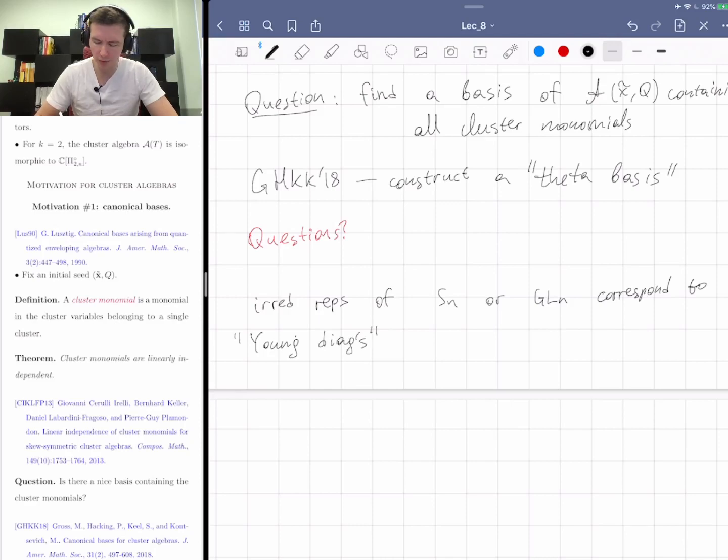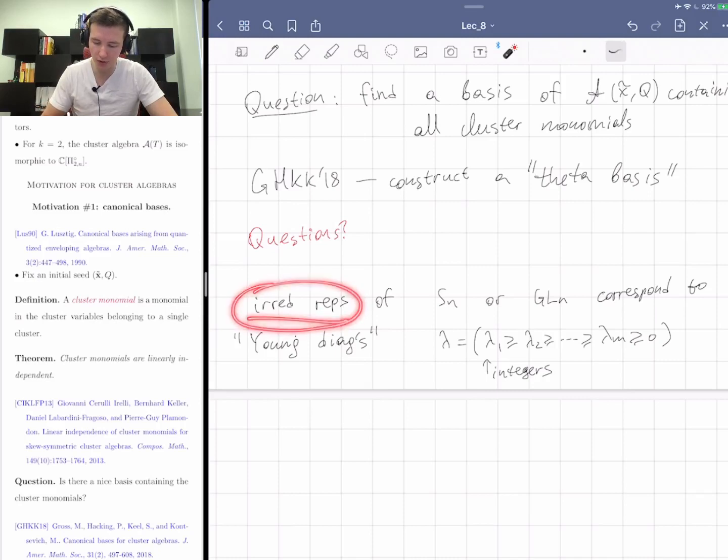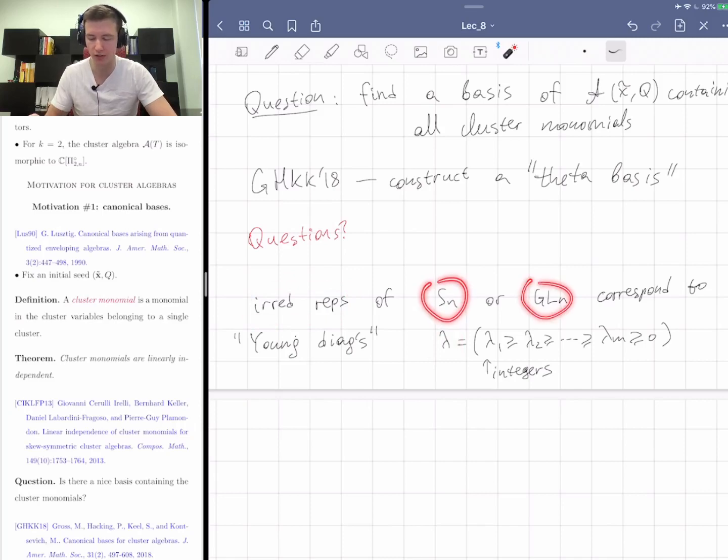Where a Young diagram is just a weakly decreasing sequence of integers. These are all integers. And so you have this irreducible representation, a finite dimensional space on which S_n or GL_n acts.